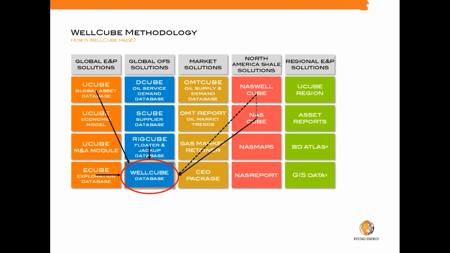Onshore development wells consist of historic reported wells, and when we don't have reported wells, we use well models, which is determined by the well machine, which determines the number of wells required to realize UCube production profile.